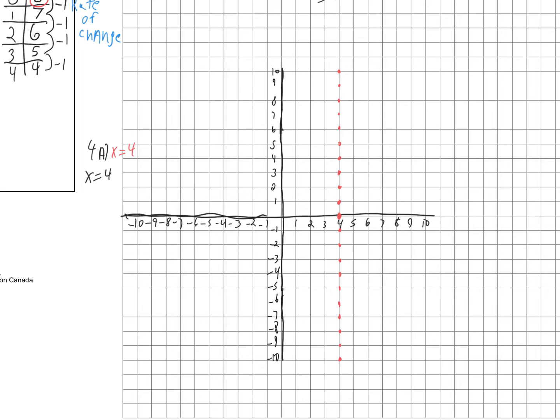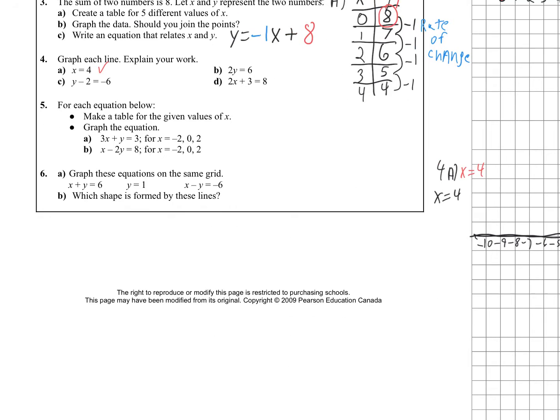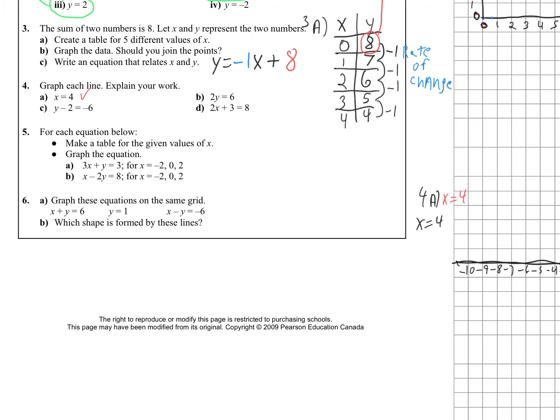And it would go on to infinity in both directions unless we had something telling us to stop. So now if we look at 4b, we have the equation 2y equals 6. To get y all by itself, I need to divide both sides by 2.